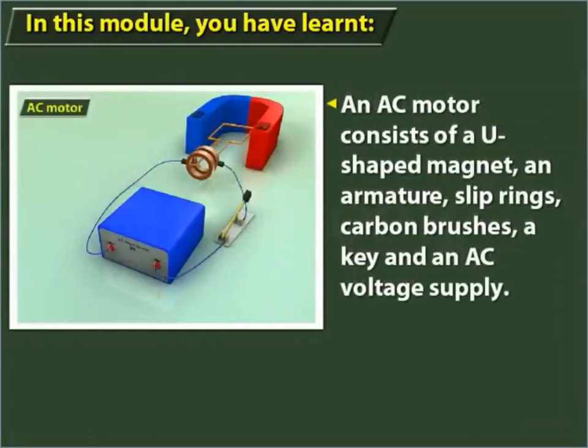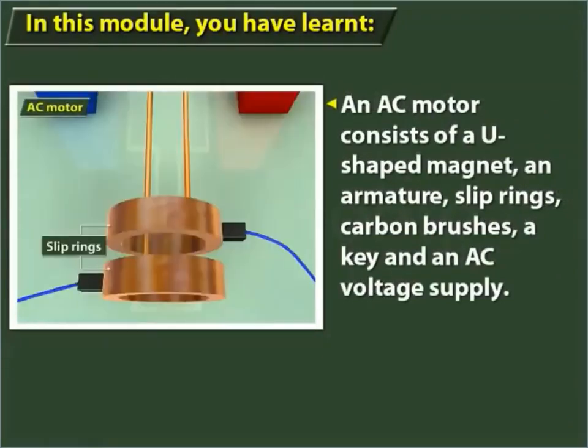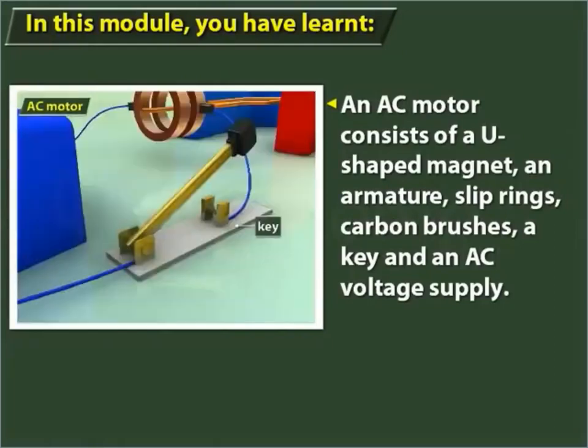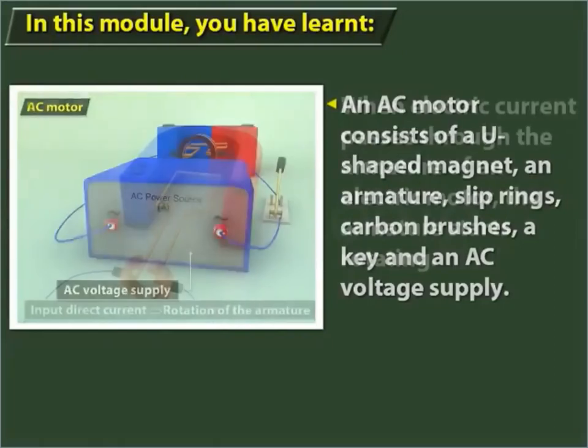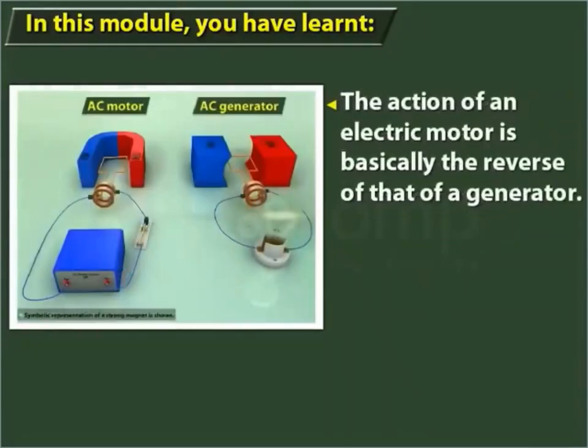An AC motor consists of a U-shaped magnet, an armature, slip rings, carbon brushes, a key, and an AC voltage supply. When electric current passes through the armature of an electric motor, the armature starts rotating. The action of an electric motor is basically the reverse of that of a generator.